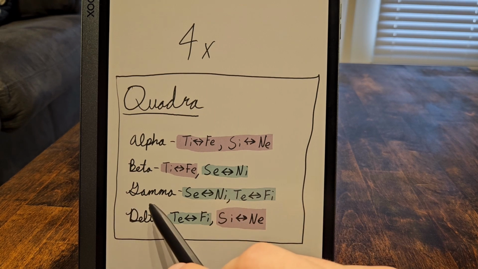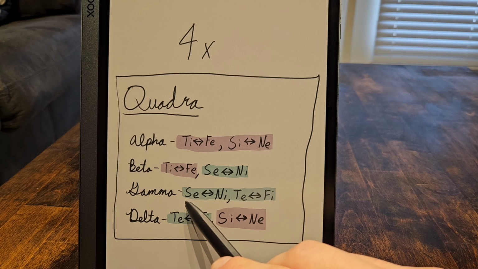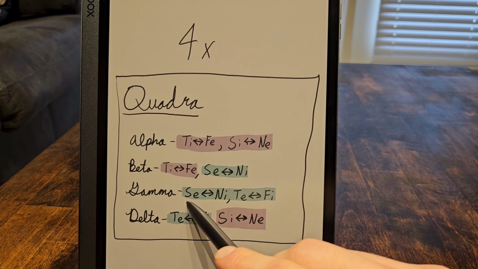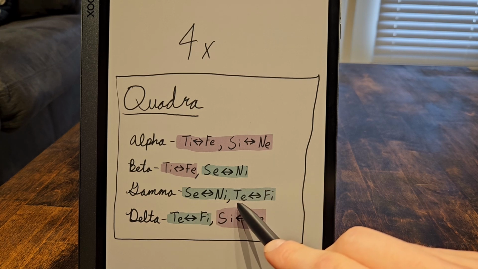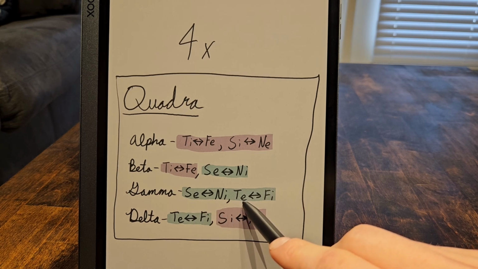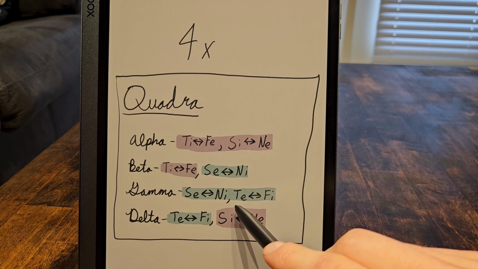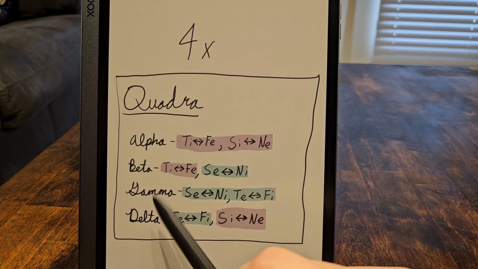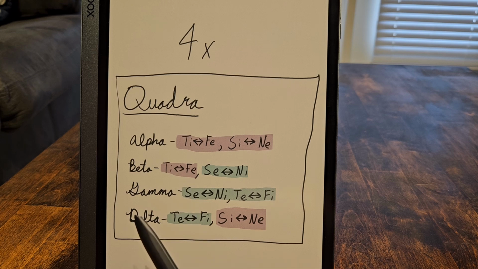Now, if we switch to gamma quadra, they're going to have feminine SE if they're a tester. If they're double feminine, right? They're going to have feminine sensory, feminine SE, but now they're going to have feminine TE, because the extroverted decider is now a thinking function, a reasoning function, as opposed to a values-based function.